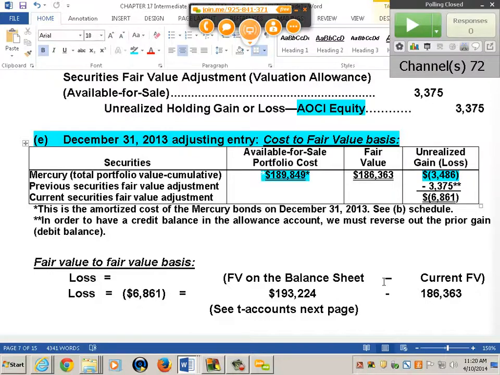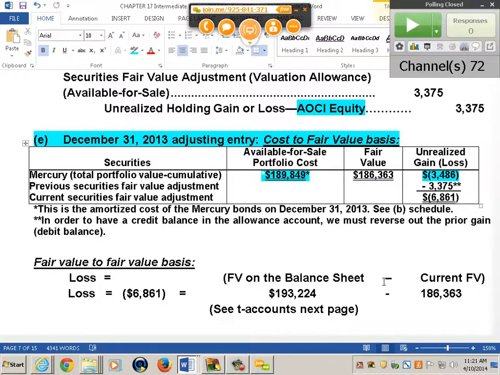So the table tells you, and the T account, some people like to just plug T accounts. I'd rather see it on a schedule. I take the loss from that. I subtract, essentially adding to the loss, what I need to do to get the account at 3486. So what I will need here is a loss. I'm going to have to debit the stockholders' equity section for 6861 and credit the allowance account.